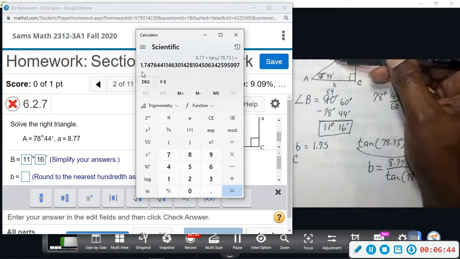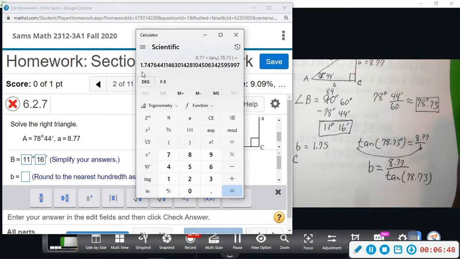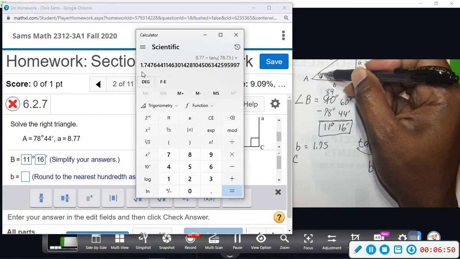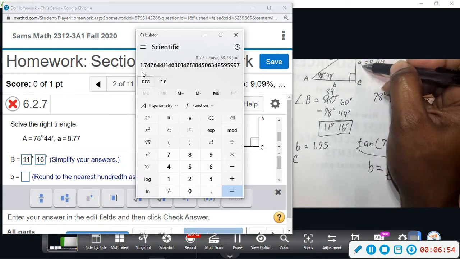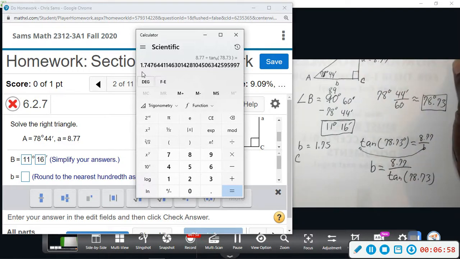And then we're going to do the same process to find side C. I would expect C to be longer than 8.77 because it's the longest side. Alright, so again, we have this angle, and we have opposite and hypotenuse. So we need sine: opposite over hypotenuse.